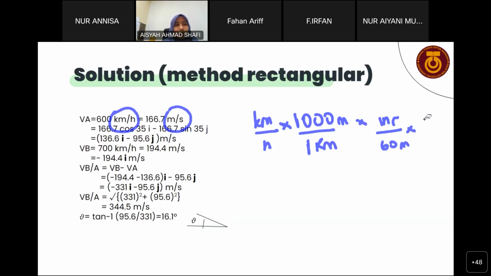So you need to change it. You can cross the kilometer, cross the hour. So you should get the meter per second here. So actually you need to times the meter.